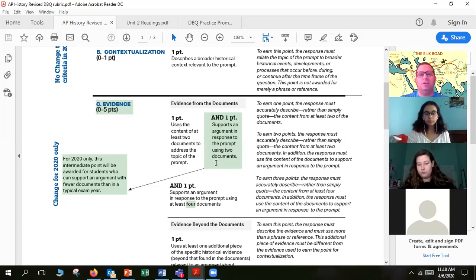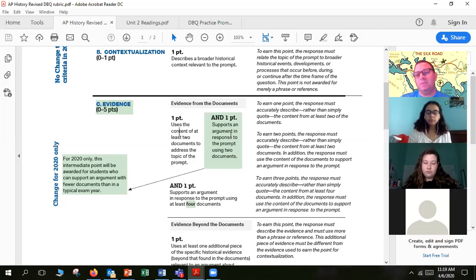Also, pay attention here. I think it's really important to note that to get all of the points, you only have to use 4 of the 5 documents. So that might be something you want to keep in mind while you're taking this test under a very limited amount of time, that you can still earn all of the points by only using 4 of the 5 documents.